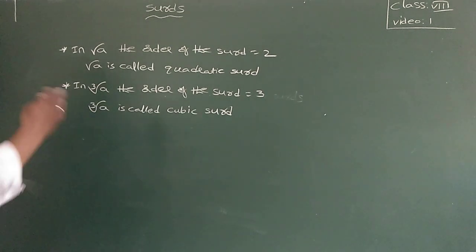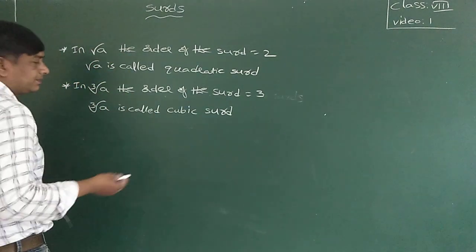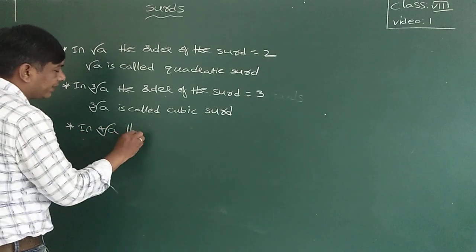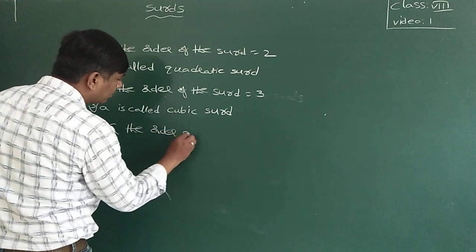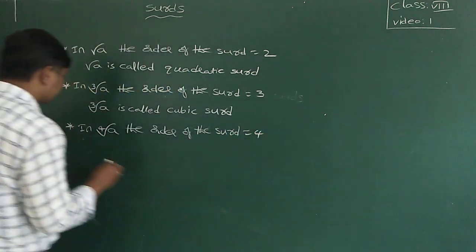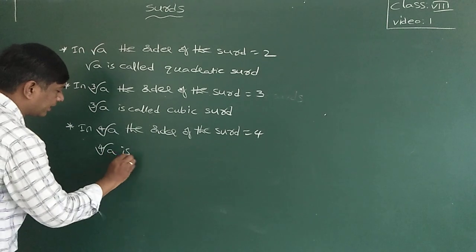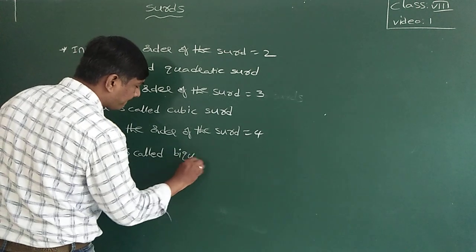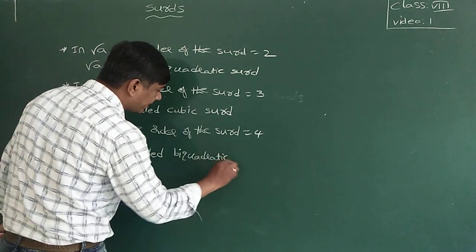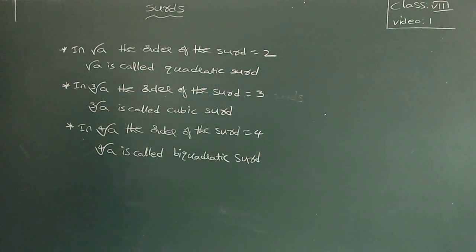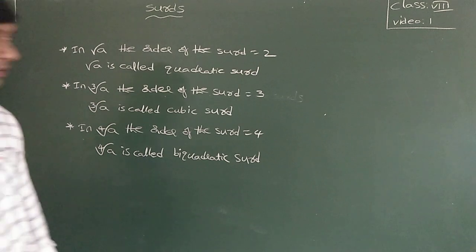After that we don't have proper names; we will read it as the fifth root and so on. The fourth root of a is called a biquadratic surd. Am I clear?